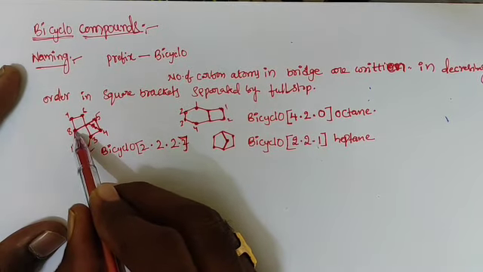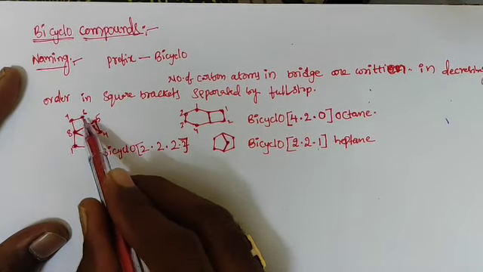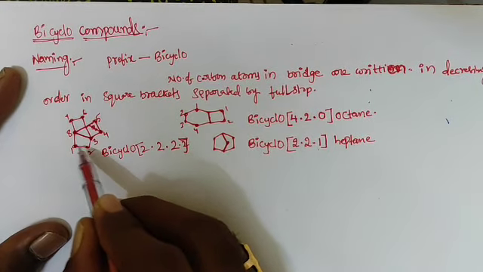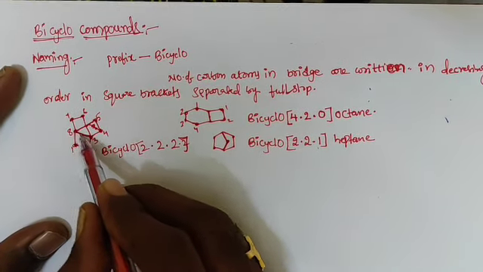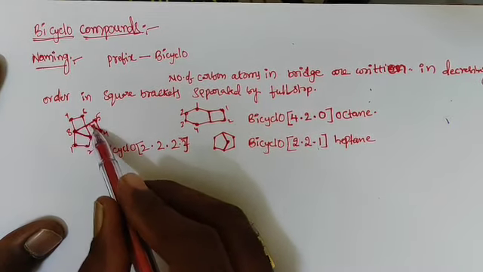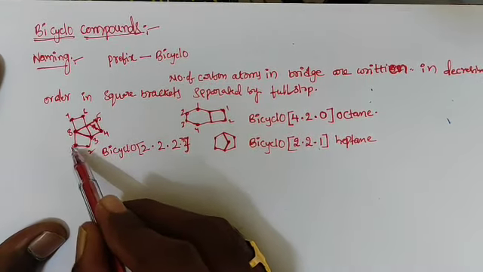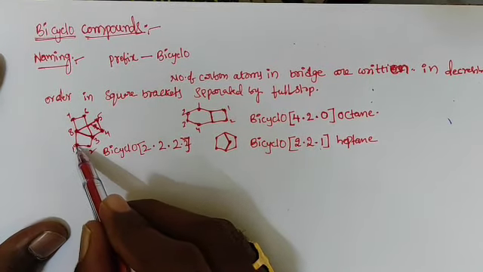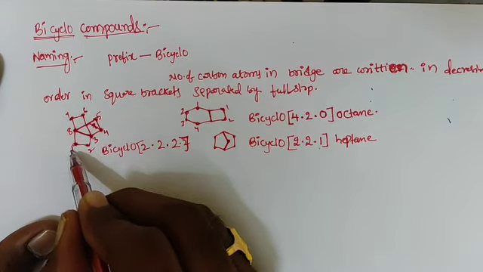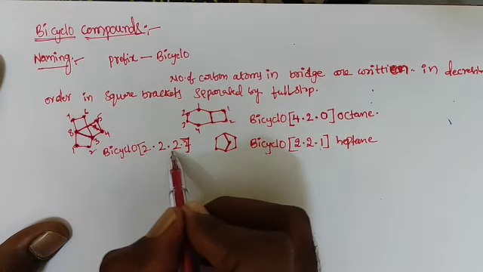So here is a bridge, here is a bridge. Here 1 and 2 carbons, here 4 5 2 carbons, 6 7 also 2 carbons.